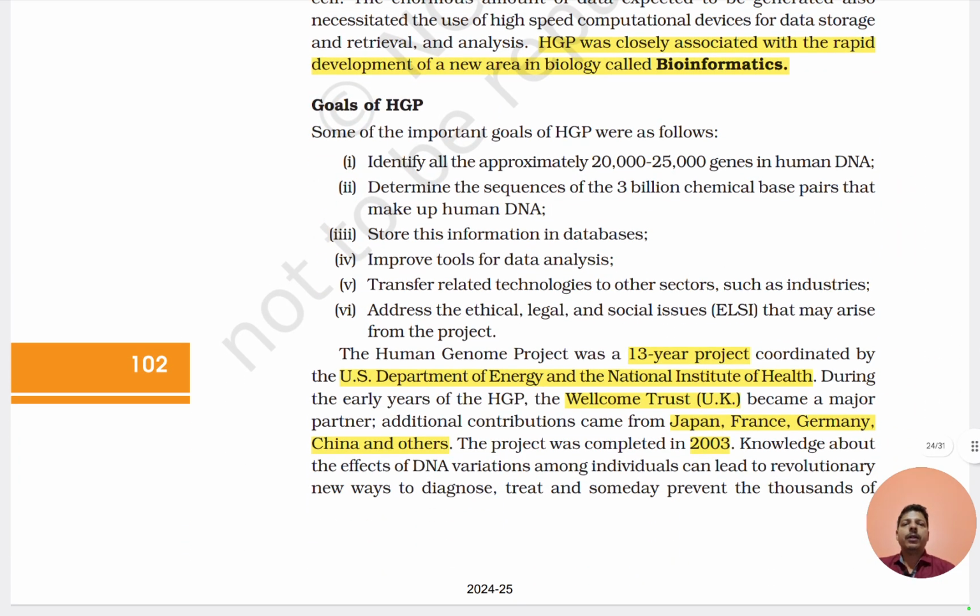Goals we already know: identify all the approximately 20,000 to 25,000 genes in human DNA, determine the sequence of the 3 billion chemical base pairs that make up human DNA, store this information in databases, improve tools for data analysis, transfer related technologies to other sectors such as industries, and address the ethical, legal and social issues that may arise from the project.